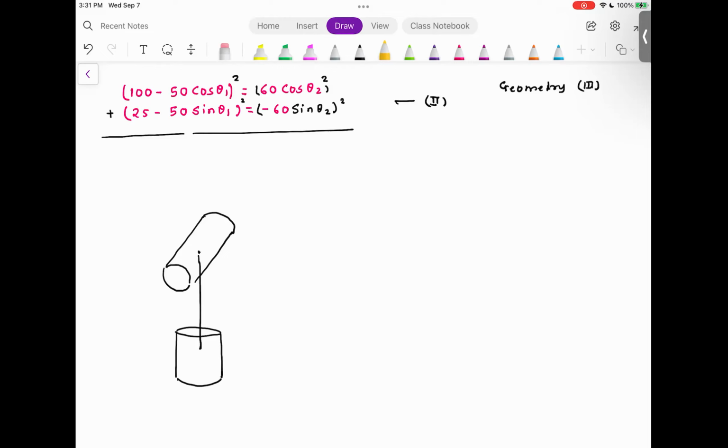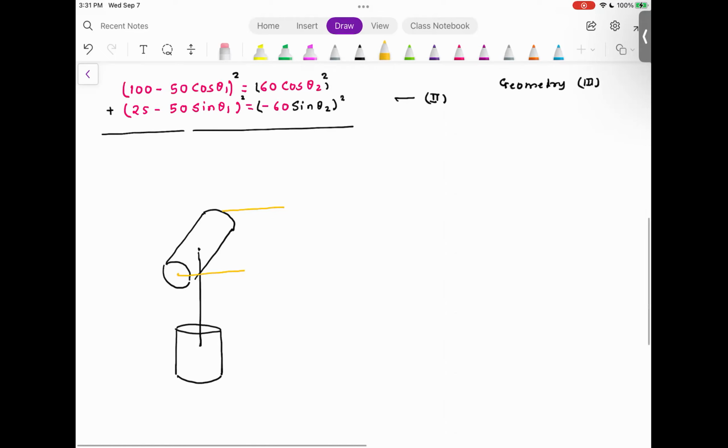And then there is one more joint. And then at the end, there is this end effector. So this is the first revolute joint. This is the second revolute joint. This is the third revolute joint.